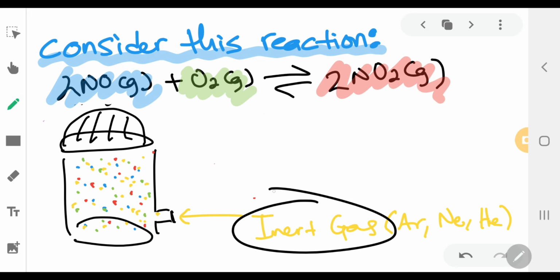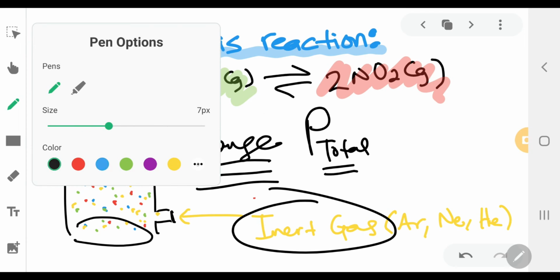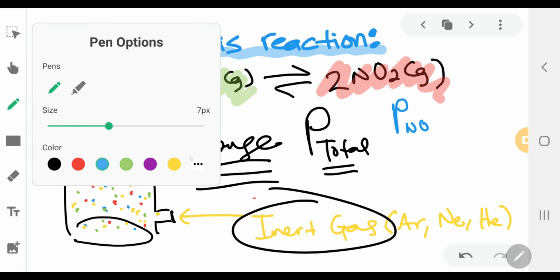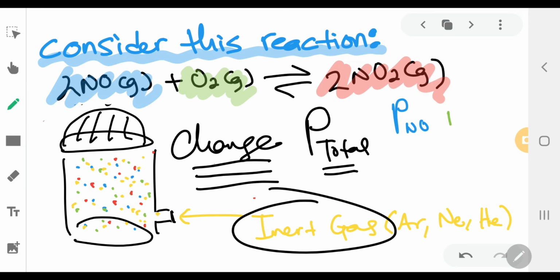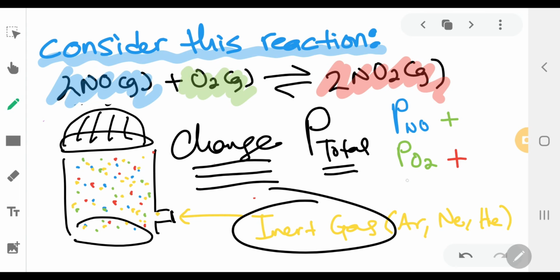the introduction of inert gas will for sure change the total pressure inside. Okay? Because we do know that we have partial pressure of NO, partial pressure of O2, and partial pressure of NO2.